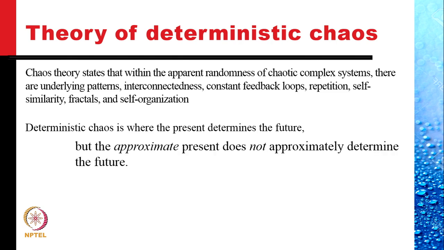But the approximate present does not approximately determine the future. Of course, the present determines the future. The initial conditions determine what is going to take place later. But the slightest approximation in the present condition can lead to significant departures. Again, approximate present does not approximately represent the future.